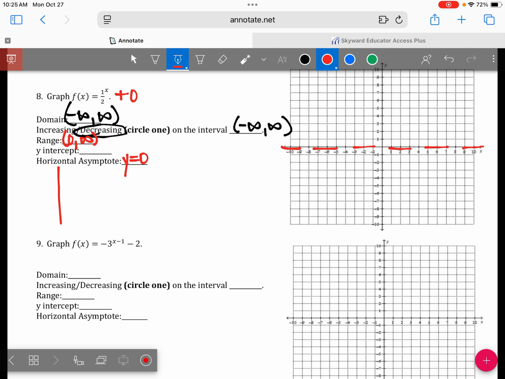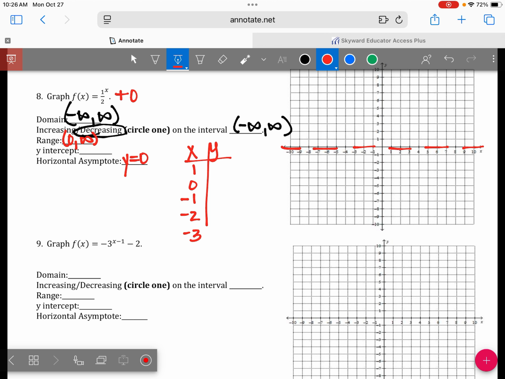So when I create my table, I am going to have +1, 0, -1, -2, and -3. Let me move that over so I could try to fit it. Okay, so I have 1, 0, -1, -2, and -3.